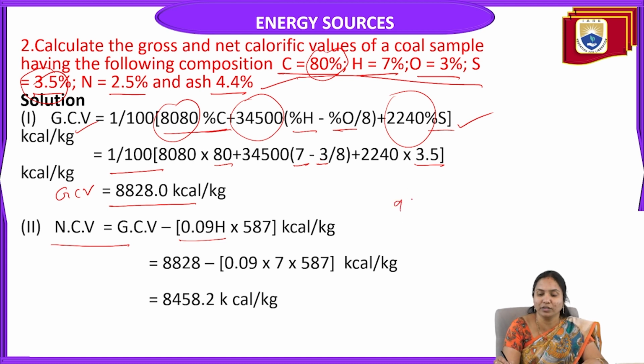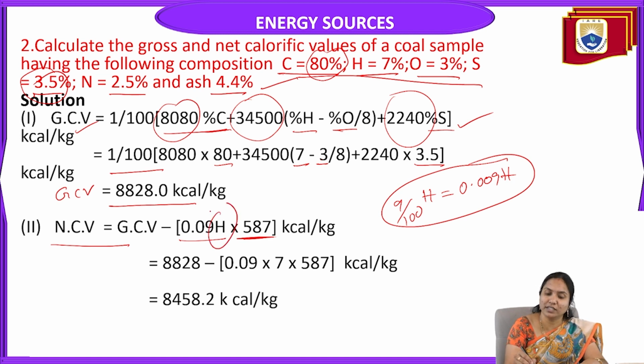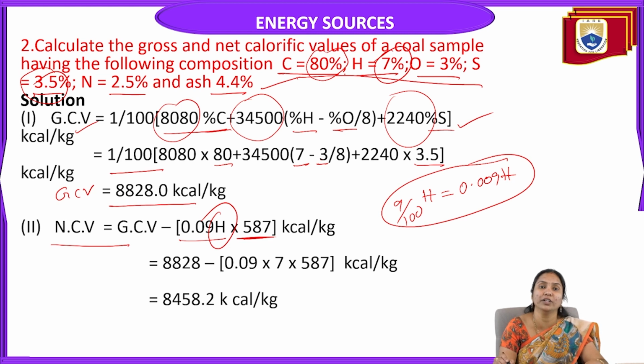In previous problems we used 9 by 100 into H, and here we can write 0.09 H. Here 587 is the latent heat of vaporized water, a fixed value, and H is the percentage of hydrogen present in fuel.